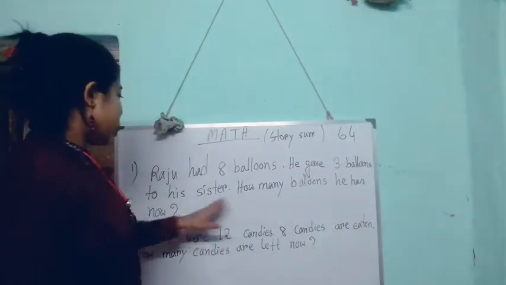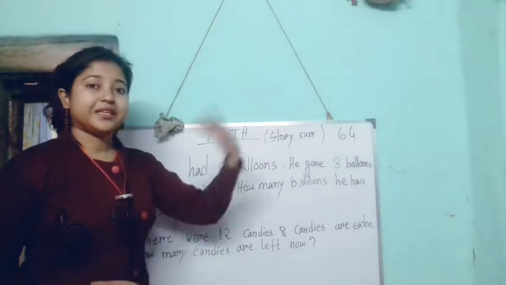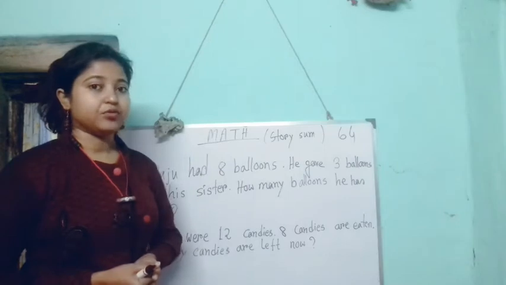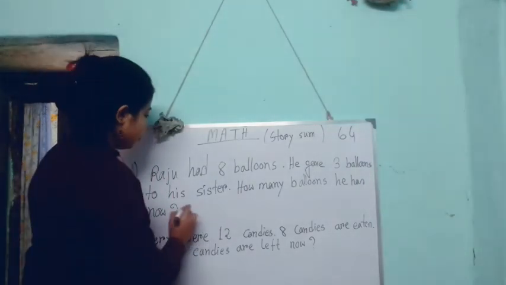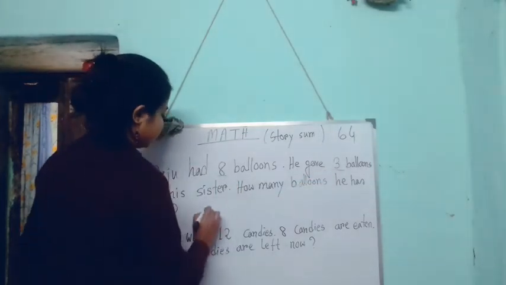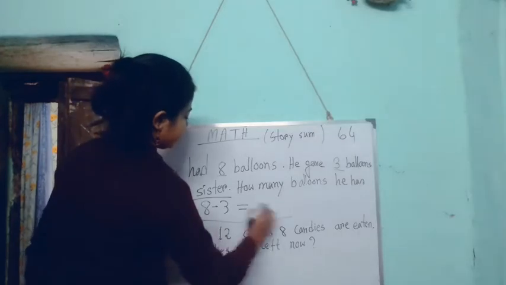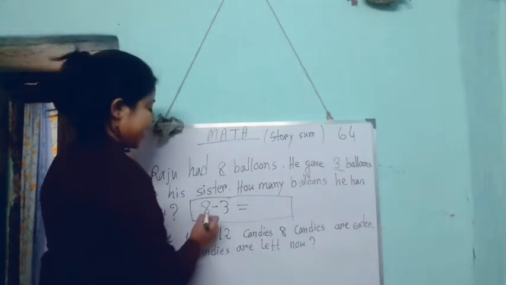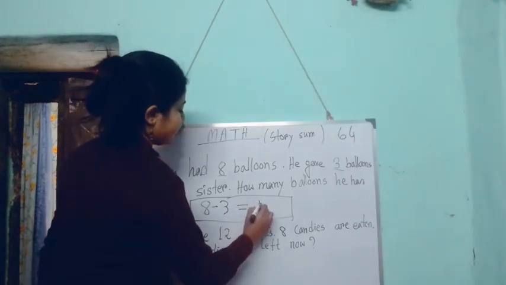How many balloons does he have now? Because he gave 3 balloons to his sister, how many balloons does he have now? So we have to subtract 3 from 8. So we will write 8 minus 3 equal to 5.